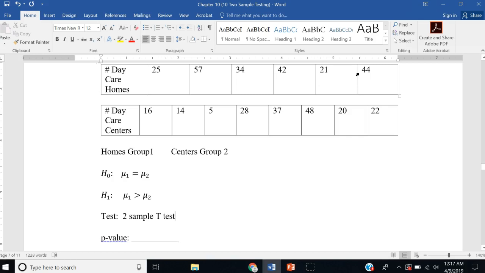List 1 on the calculator is whatever goes into group 1. List 2 is whatever is in group 2, so the 16, 14, and so on. Go ahead and do that as we talk. List 1 should have 6 entries. List 2 should have 8 entries.